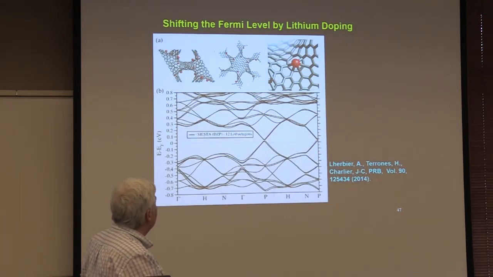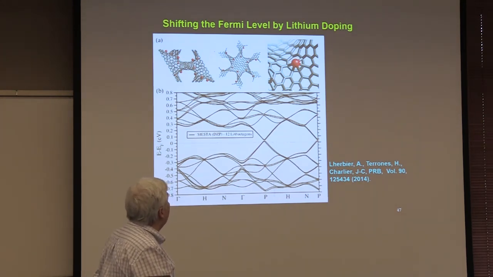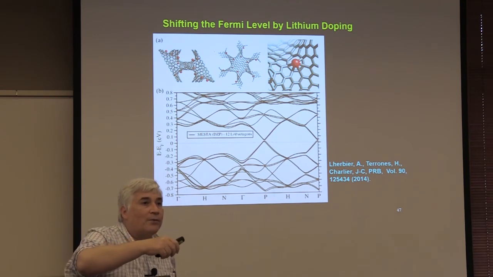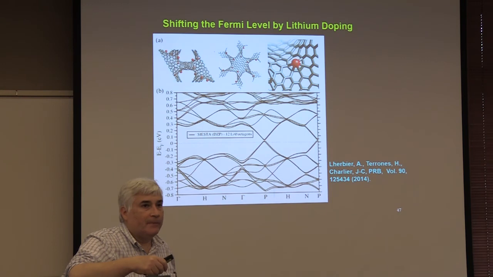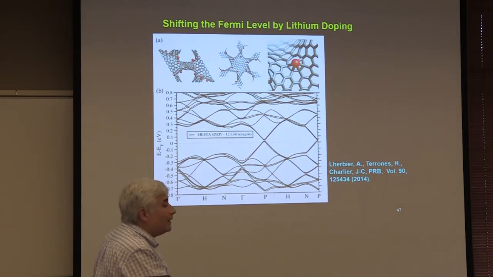But it turns out that octagons are more reactive, and you can calculate that. In graphene, if you put something on top of graphene, it will not interact very much. It's quite inert. But here, where the octagons are, because this structure has negative Gaussian curvature, you can add lithium.